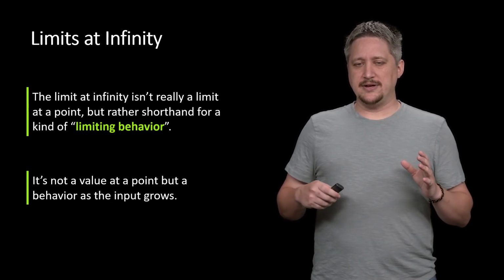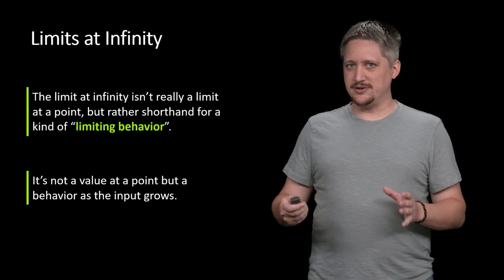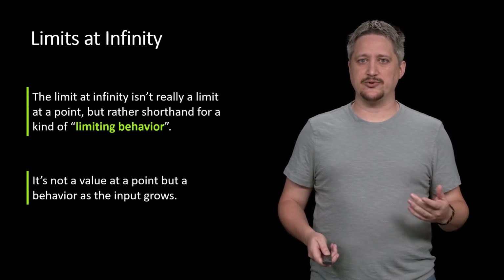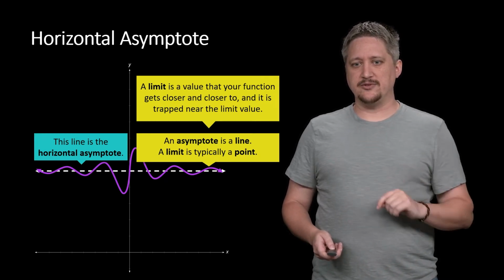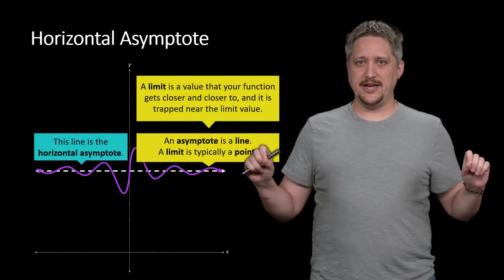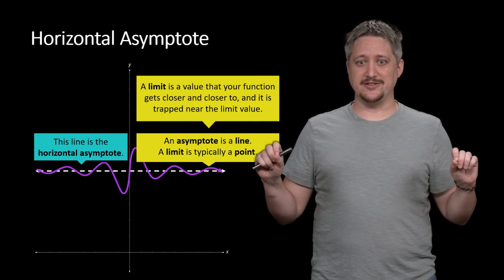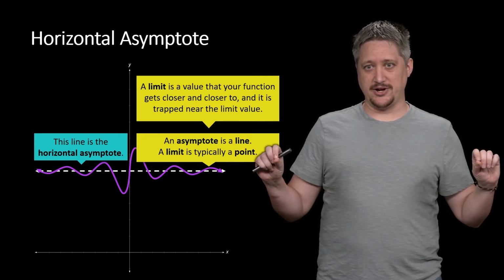Now, in the past, almost always when looking at horizontal asymptotes, and this is true right here as well, the left and right behaviors are mirror images. This horizontal asymptote is the same asymptote left and right.